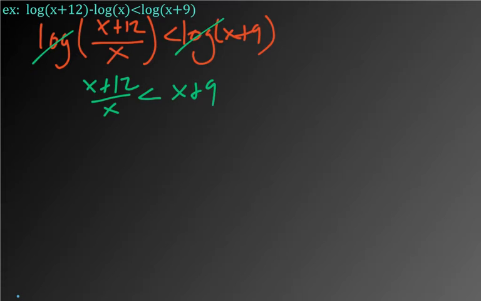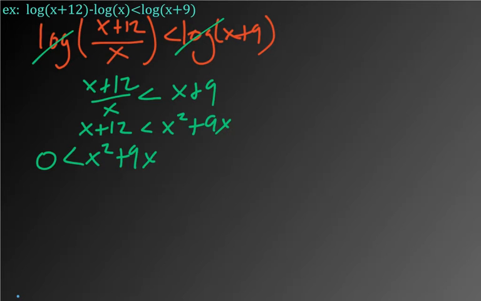And then basically we're just going to get a quadratic inequality. So if I multiply by x, I'll get x squared plus 9x. Move everything to one side. 9 minus 1x is 8x, and then minus 12.